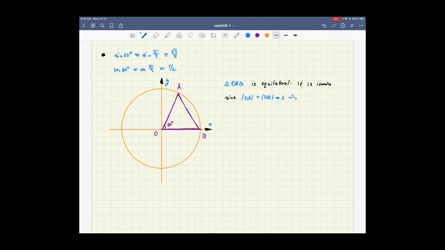That implies angle OAB equals angle ABO, and also they add up to 180 minus 60, because the three of them must add up to 180. So the sum of two numbers is 120 and they're equal. Therefore, each number is 60.